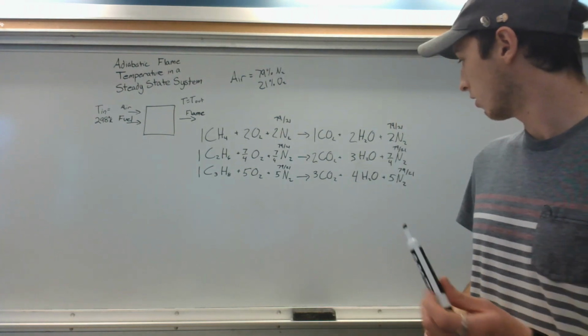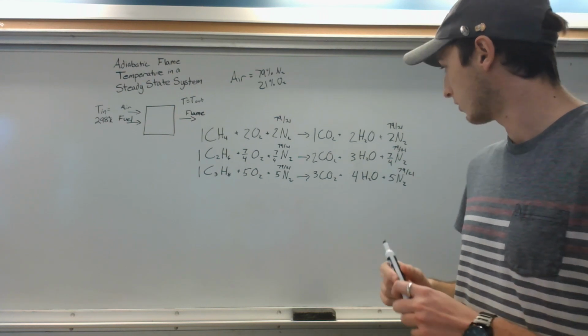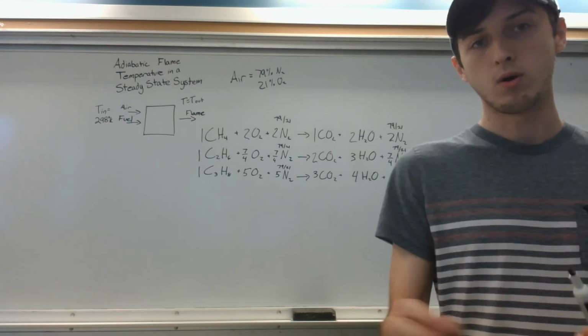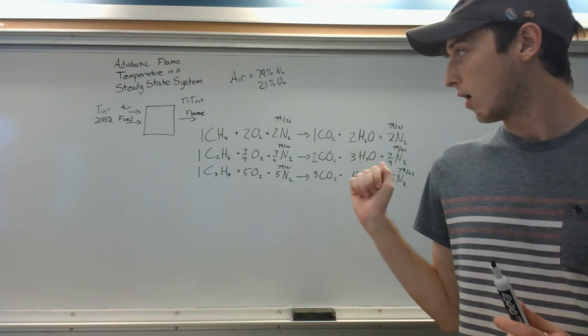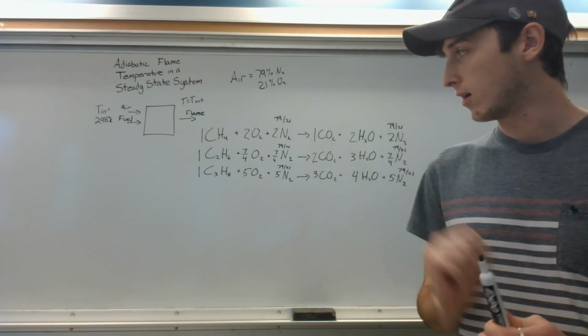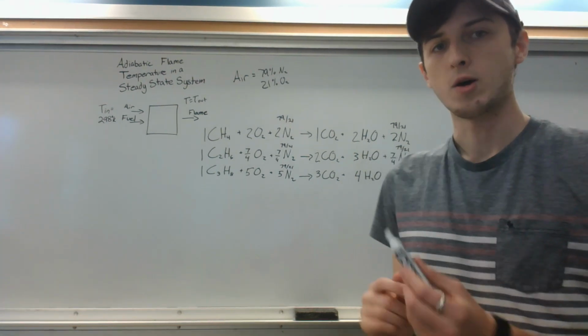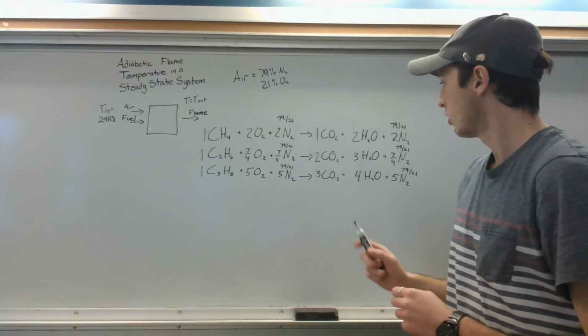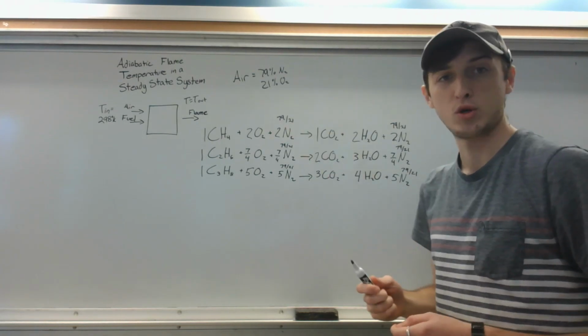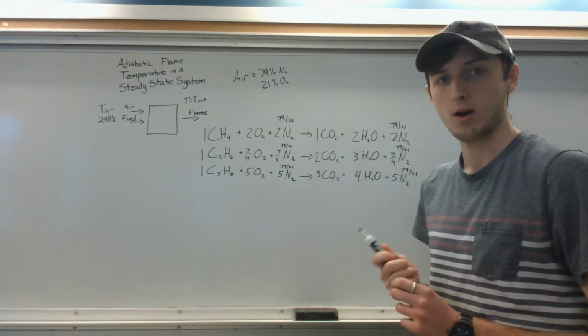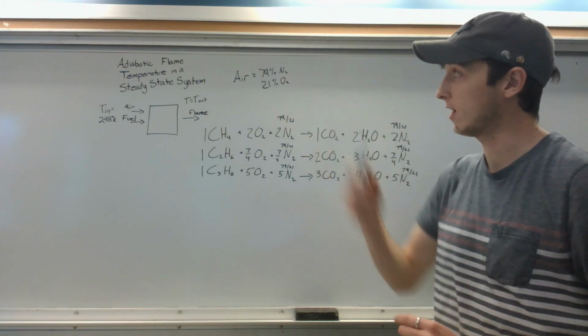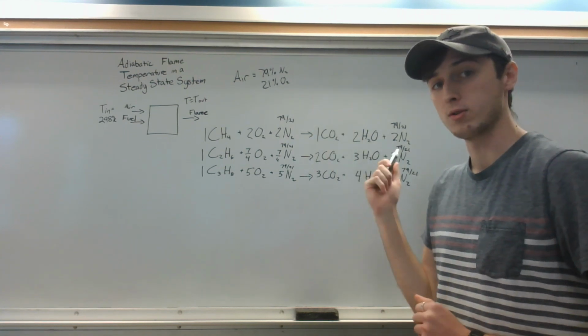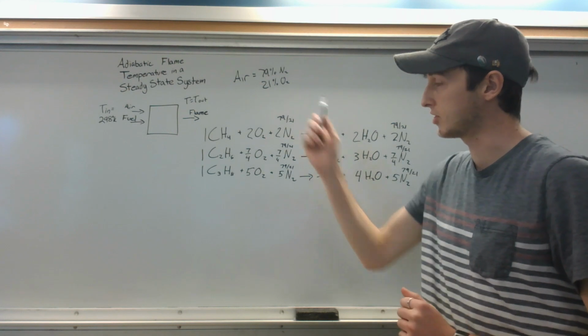And you can see here we have a balanced stoichiometric equation for methane, ethane, and propane. Because in this equation, we are dealing with not pure oxygen but air, we are adding a nitrogen component, which is actually the most abundant component of this air.